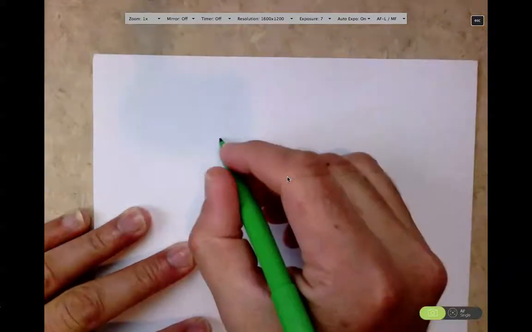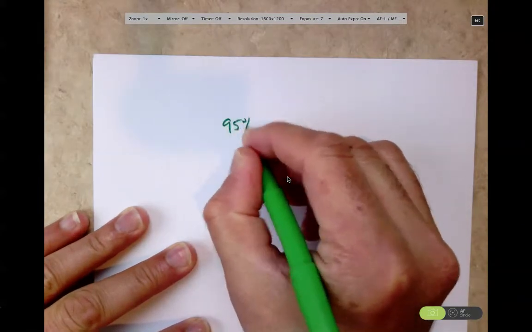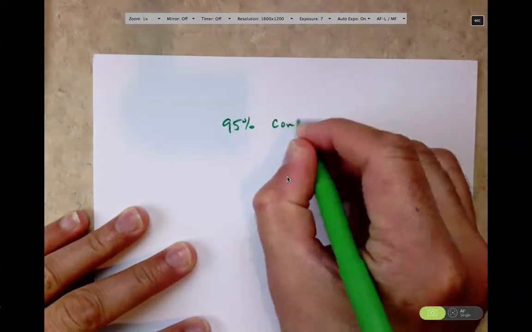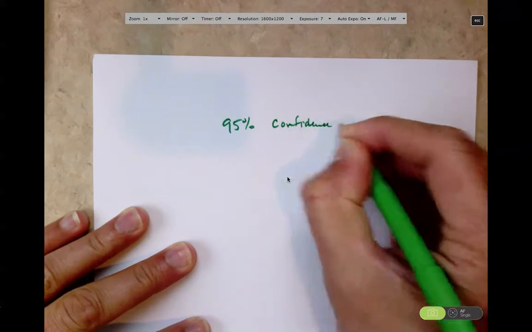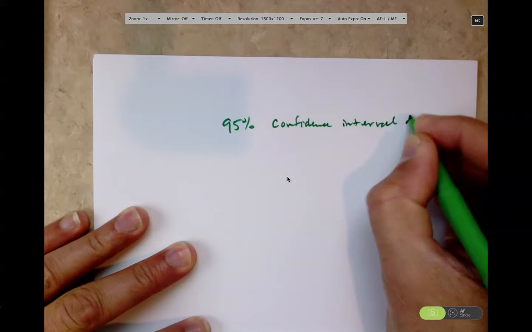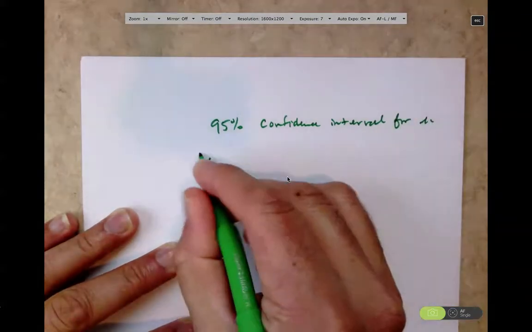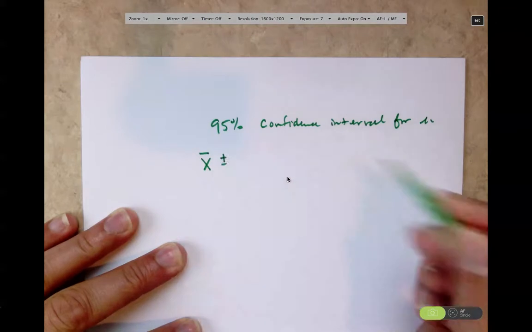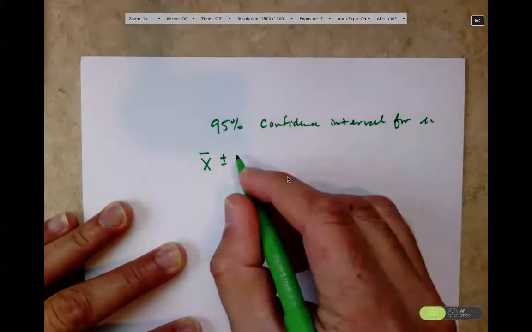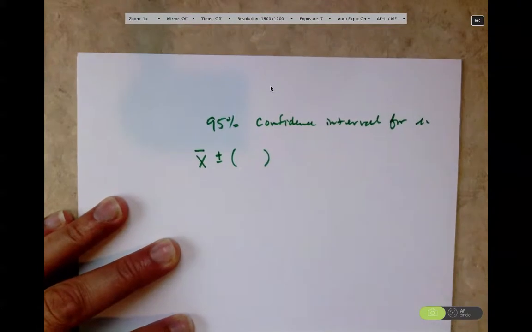So we have, let's say, a 95% confidence interval for mu. Our structure is going to be x bar plus or minus, right? And then in here we had a z star. Well, we're not going to be able to put a z star in there because we're not going to be talking about a normal distribution anymore. We're going to be talking about a t distribution.